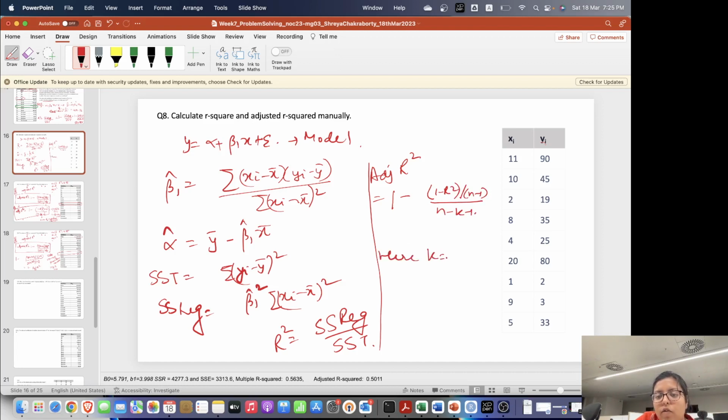Here k would be 1, because k corresponds to regressors and here we have only 1. And n is 9.